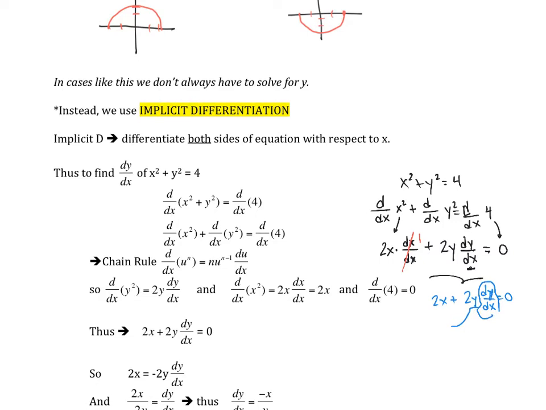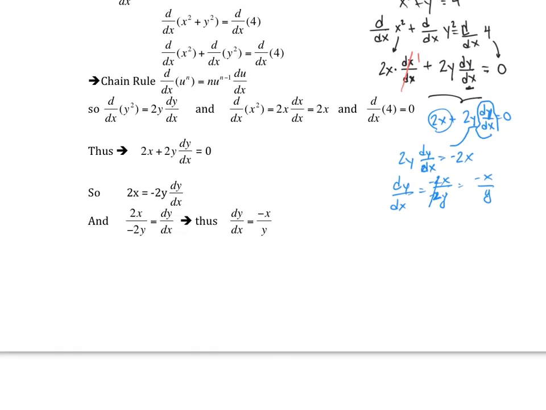So I'm going to subtract over this guy, the 2x, and then I'm going to divide by 2y, and that'll give me negative 2x over positive 2y. These reduce out, so I'll have negative x over y as my solution.